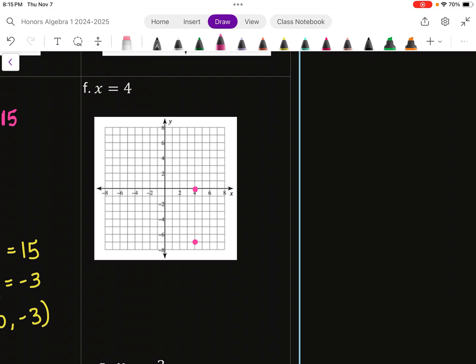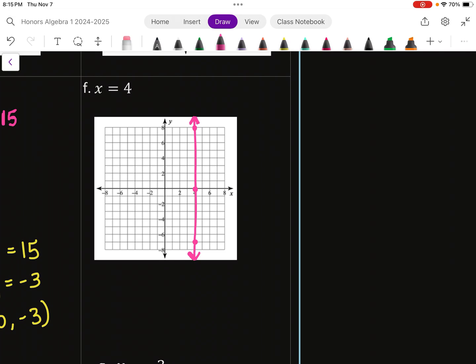So 4 comma something, 4 comma anything. So I can have 4 comma 8 up here. Anything that x is equal to 4 is going to be on that line. And that is a vertical line that goes through the x-axis at 4, the equation of the line for x is equal to 4.